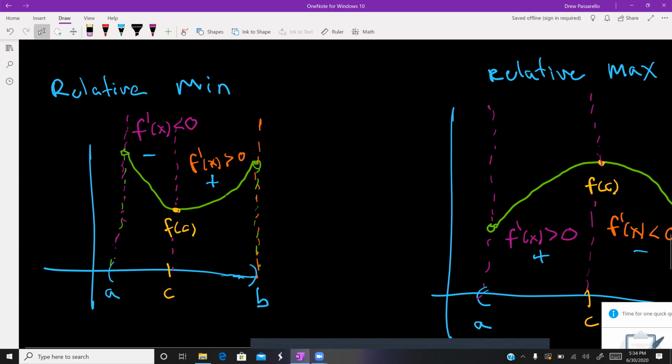Then to the right of c, the first derivative is positive, so it's an increasing function to the right of c. So it switches from negative to positive based on its first derivative at c, or you can think of it like it switches from decreasing to increasing. So that point is a relative min.